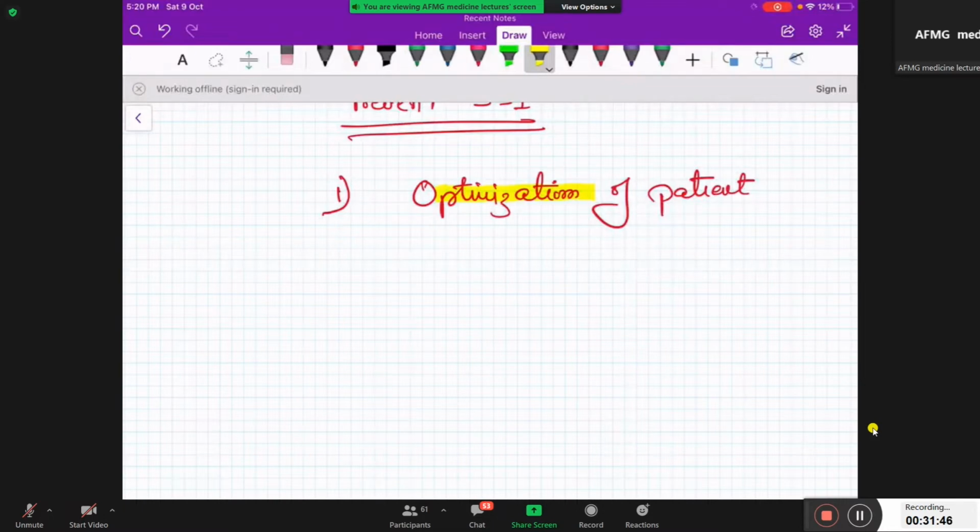But there are times the condition is such that you can't stop steroids. The patient has to take steroids. In such conditions, we try to make sure the patient takes as minimum a dose of steroid as possible. So the second important factor which needs optimization is steroids.